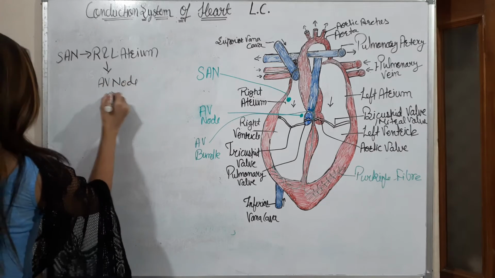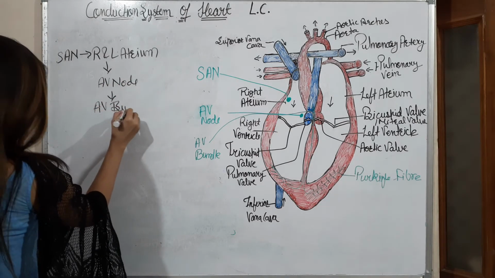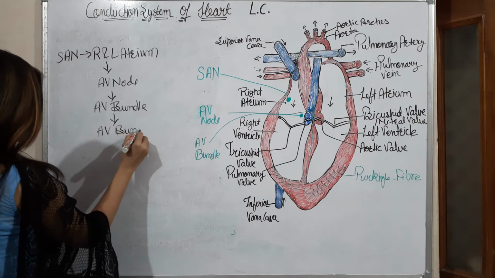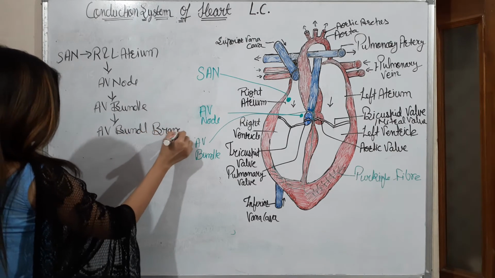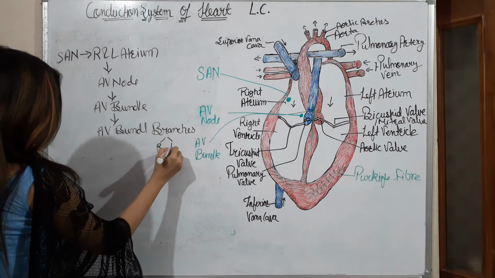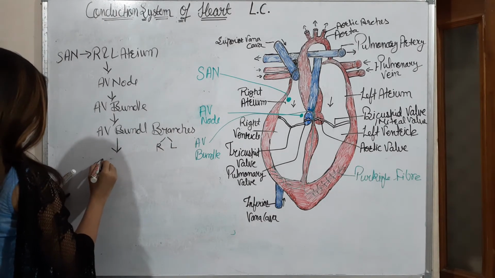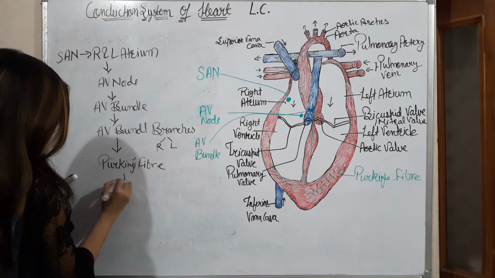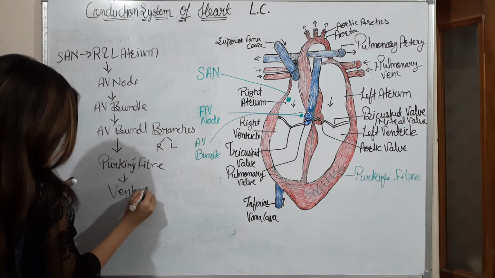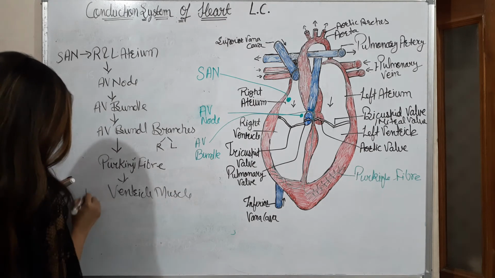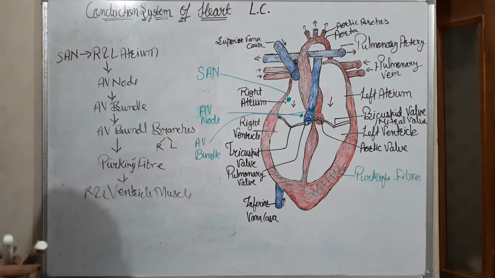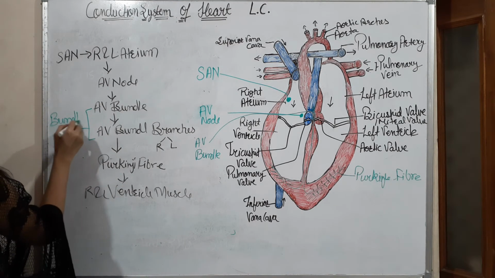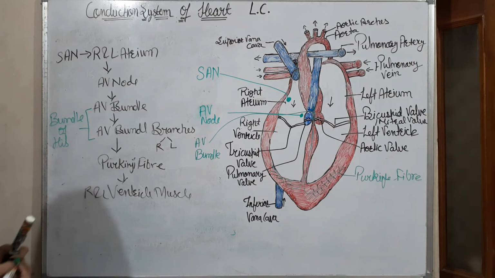The AV node sends the impulse to the AV bundle, and from the AV bundle the impulse goes to the AV bundle branches, which are right and left branches, and then from here the impulse goes to the Purkinje fibers, and from there to the ventricle muscle, the right and left ventricle muscle, and they contract. These are together known as the bundle of His. So this is the summary.